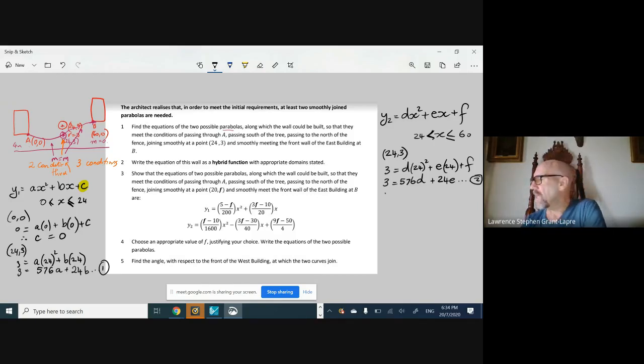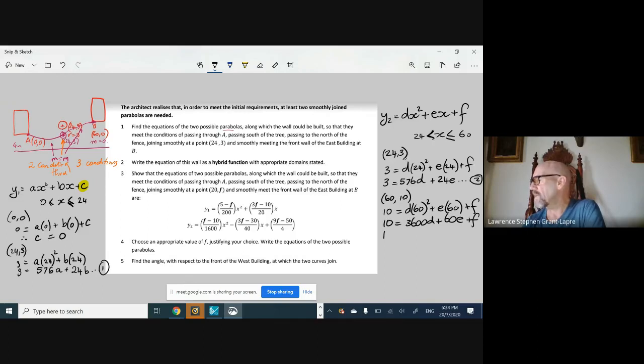Now 60, 10 satisfies the second equation, so 10 equals d times 60 squared plus e times 60 plus f, so 10 equals 3600d plus 60e plus f.